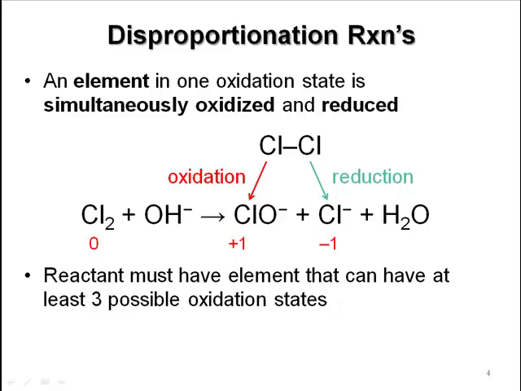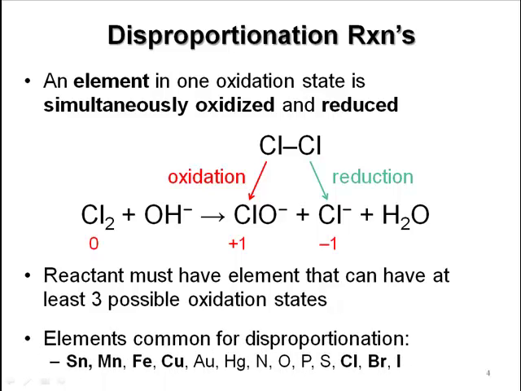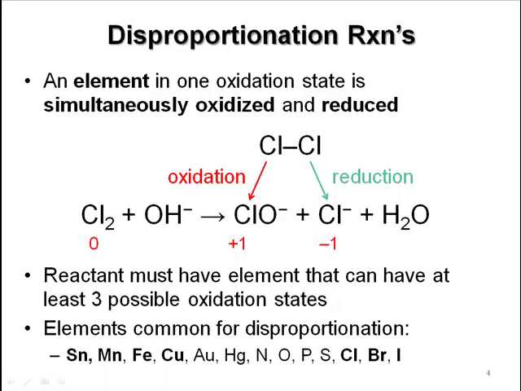So in order for it to be a disproportionation reaction, the most common elements for disproportionation are tin, manganese, iron, copper, gold, mercury, nitrogen, oxygen, phosphorus, sulfur, chlorine, bromine, and iodine. You'll see some of these are in bold. They're the ones that most commonly undergo disproportionation reactions. Now, we can easily predict the most common oxidation state for each of these.